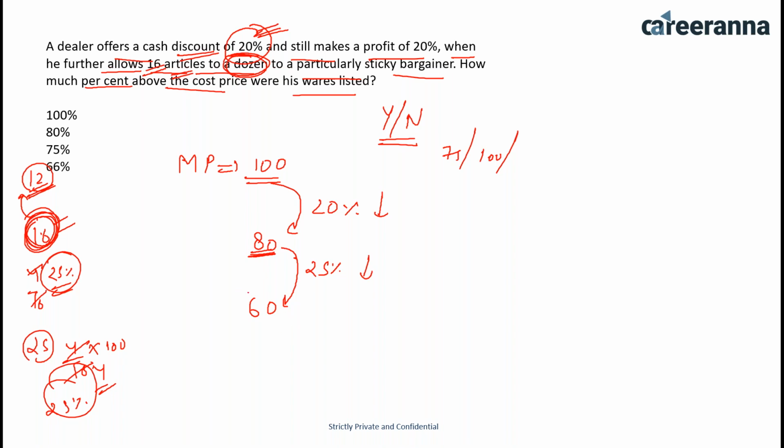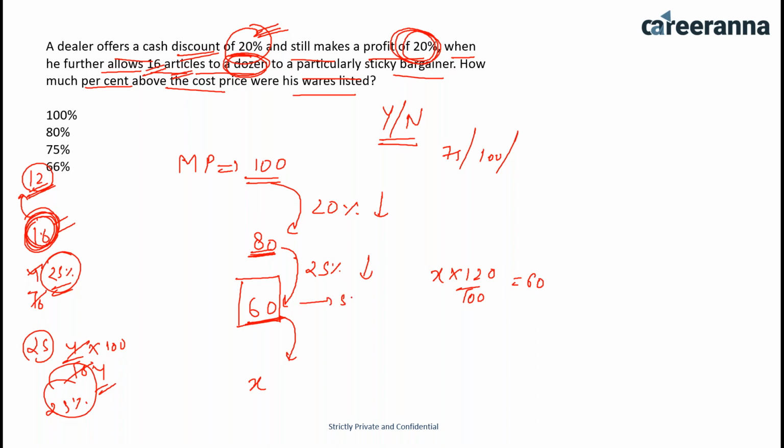Very good. Now, if I sell this at 60 rupees, there is a profit of 20%. I gain 20% profit here. So 20%, that means suppose that cost price is X. X multiplied by 120 divided by 100 equals 60. Is it?